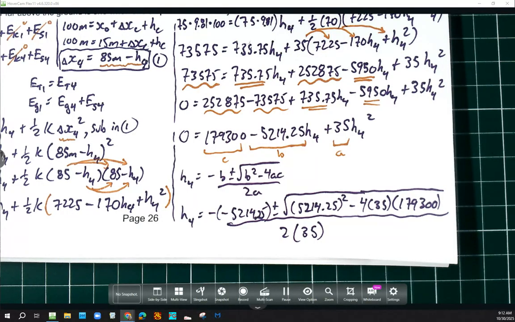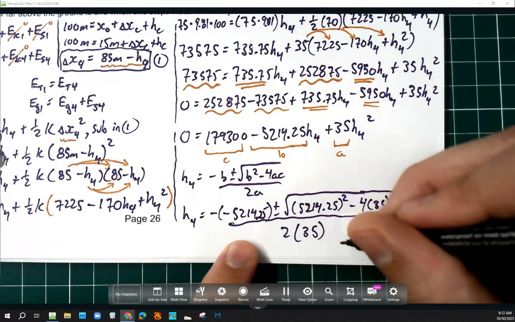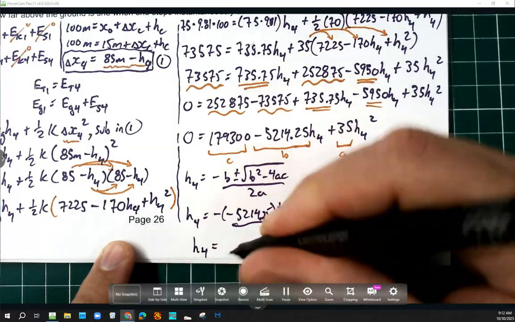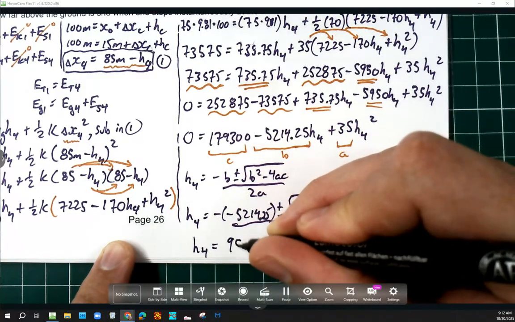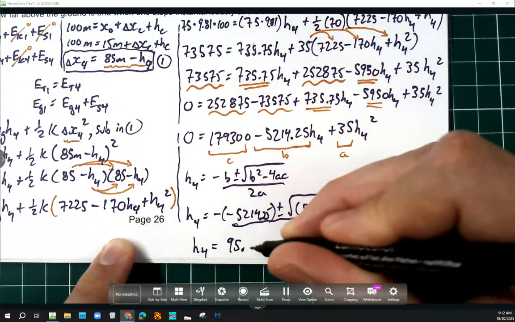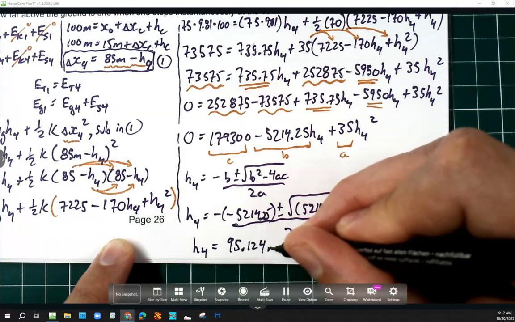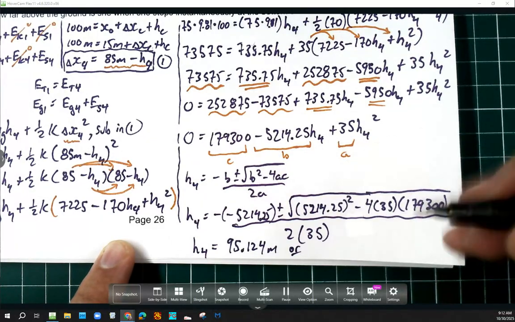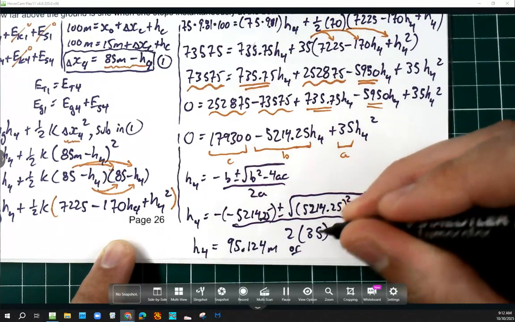If it makes you feel better, one of them starts with a 9 and one starts with a 5. First one I have is 95.1. Okay, so we could say H4 equals 95.124? Okay. Or what's the other root?